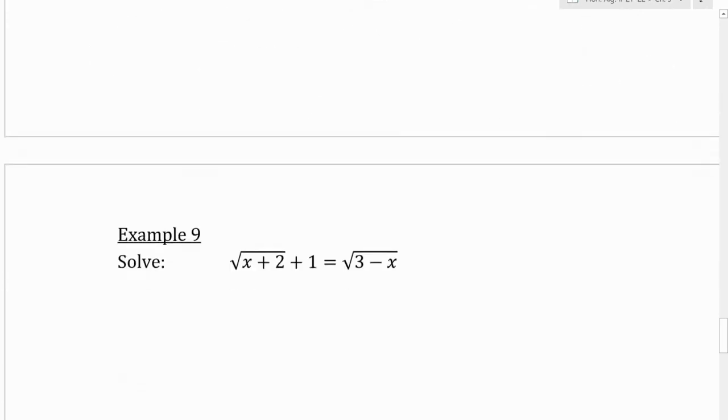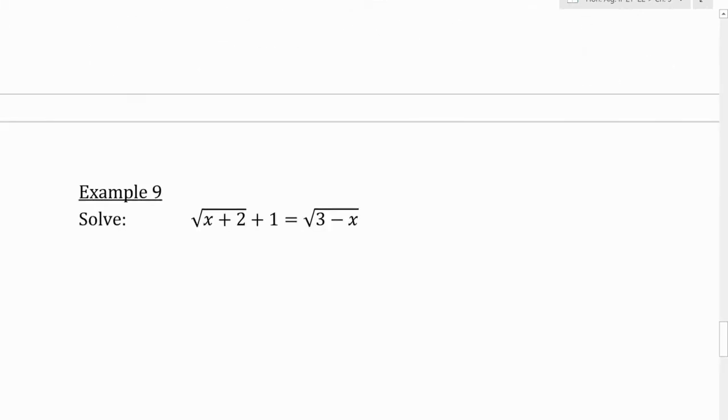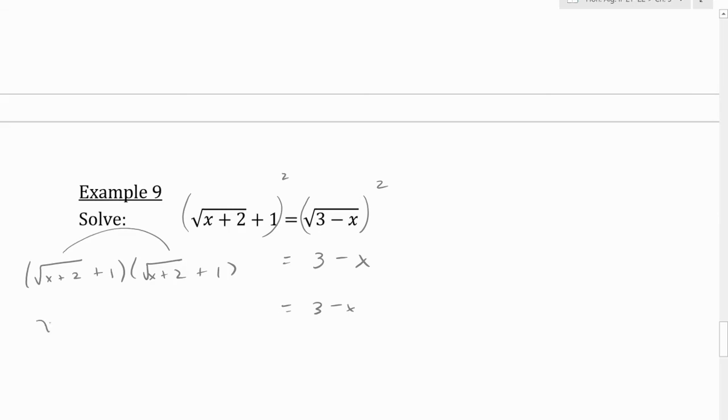Okay. All right, this one. Oh, now this is tricky because you can't isolate both radicals. So what if we just square both sides right here? So what we're doing is that. Okay, so if we multiply that, that's just going to be an x plus 2. I'm going to get one of those and one more of them. I'm going to have 2 of these, principal square root of x plus 2, plus 1.